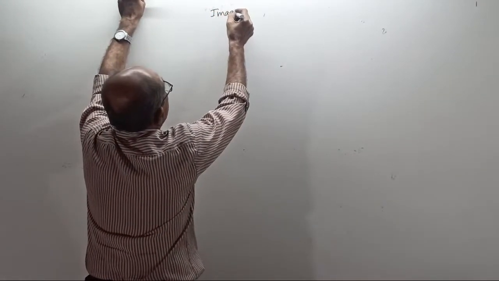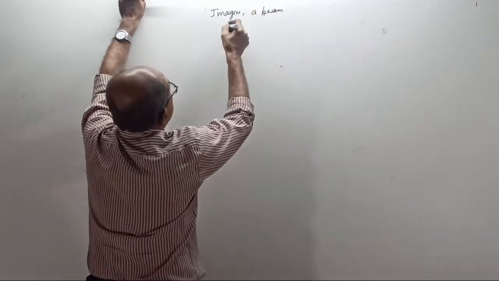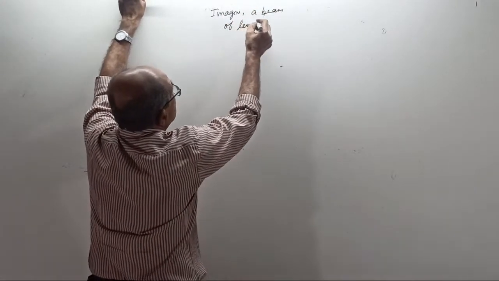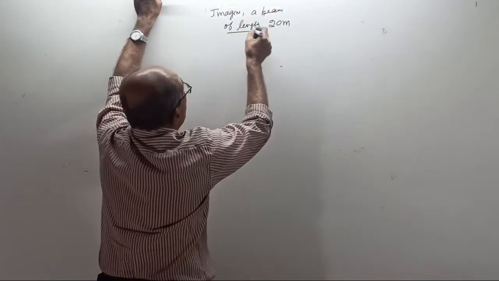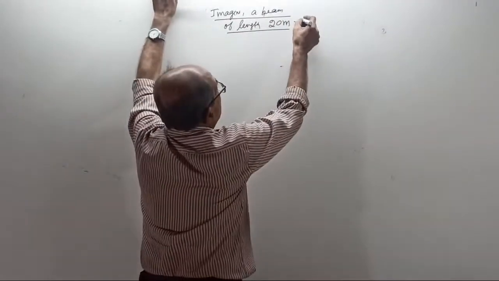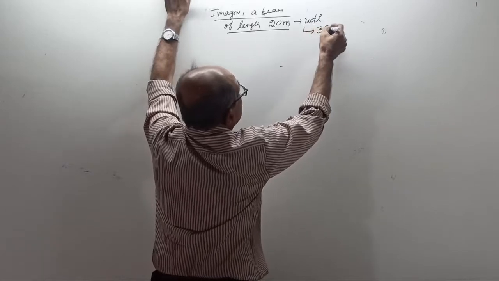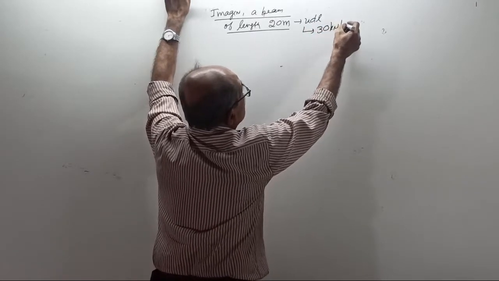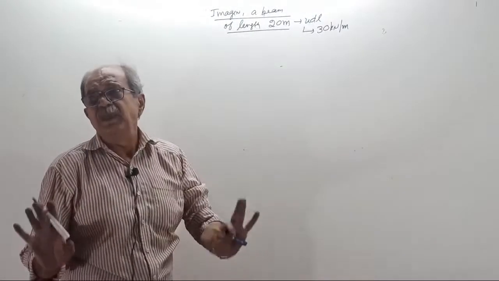Imagine a beam of length, let it be 20 meter, with UDL of say 30 kilonewton per meter.